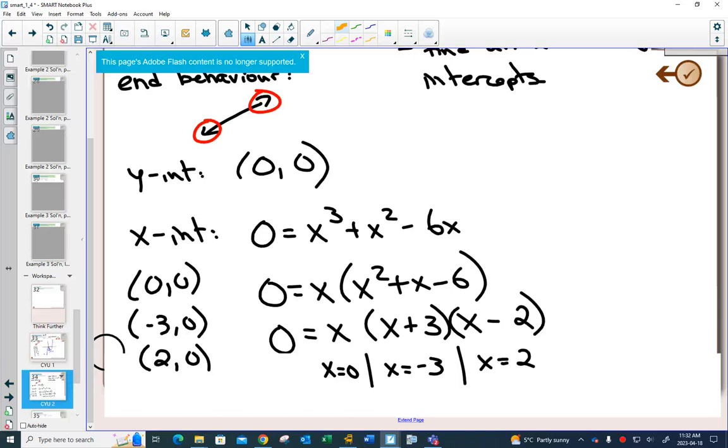So now when we go to graph this, we've found all of our x-intercepts and our y-intercepts. Y-intercept (0, 0). X-intercepts (0, 0), (negative 3, 0), and (2, 0).